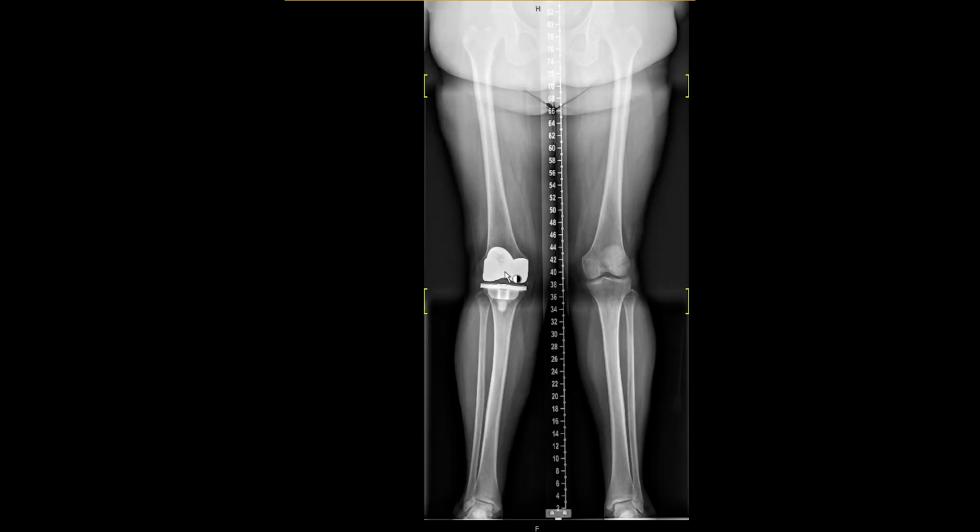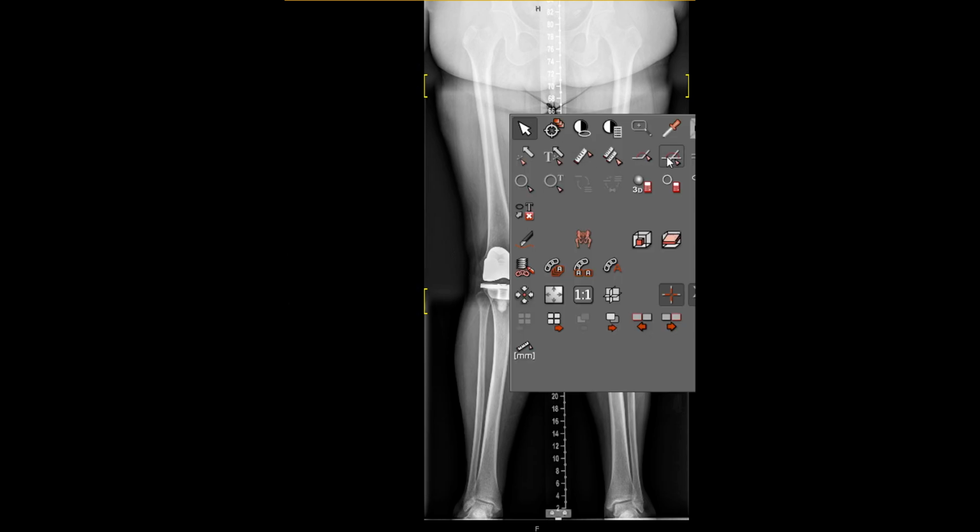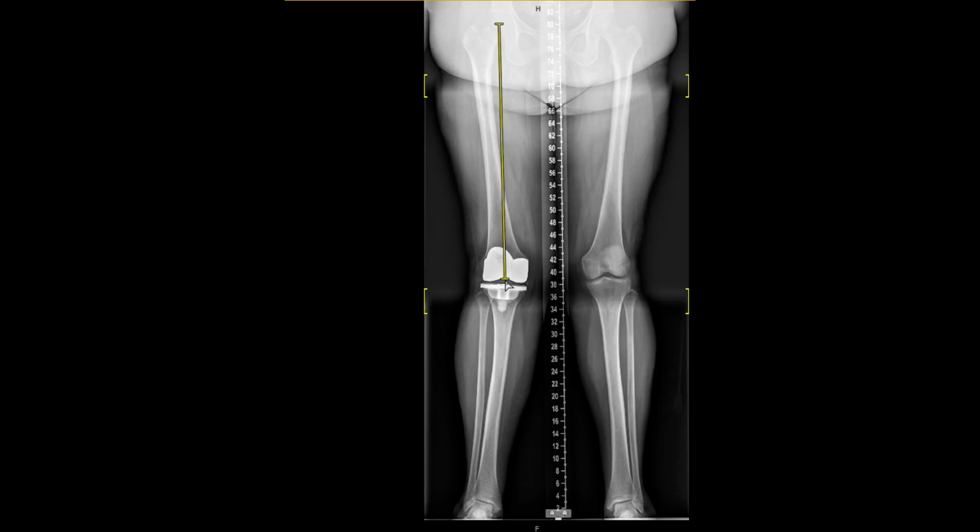Example of a knee replacement that is causing a valgus deformity of the lower extremity by about 6 degrees.